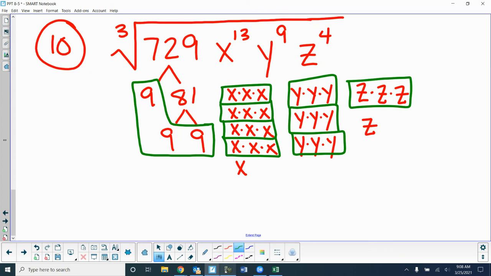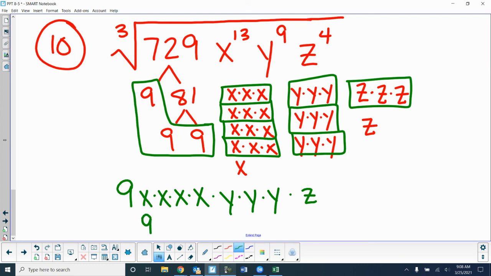Everyone understands why, right? All right, so I can pull the 9 out. I can pull 1, 2, 3, 4 X's out, because there's 4 groups of 3 of those, right? I can bring out 1, 2, 3 groups of y, and 1 group of z. All right? So that simplifies to 9 x to the 4th y cubed z. You with me?